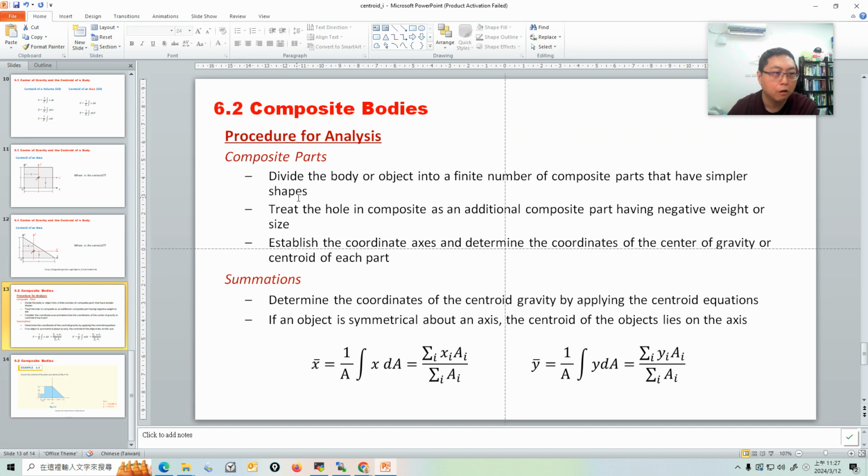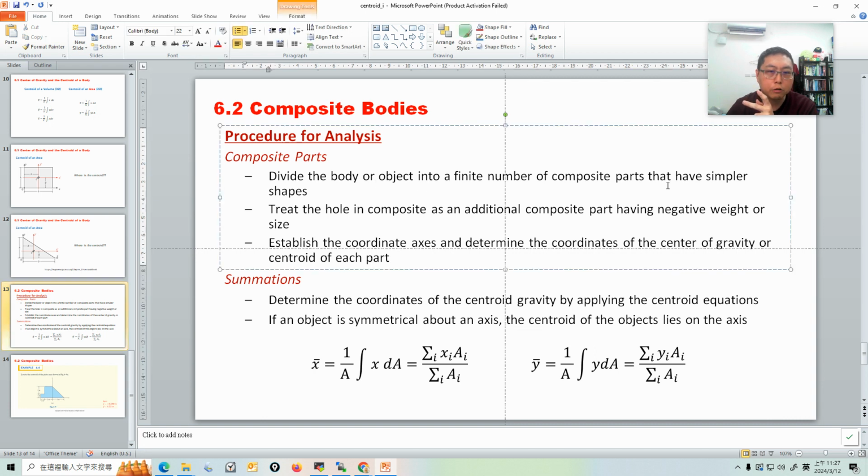It says, if we have composite bodies or some very strange shape of body or area, first of all, try to divide this area or body into simpler shapes. Divide the body or object into a finite number of composite parts that have simpler shapes. You have to divide it by yourself.